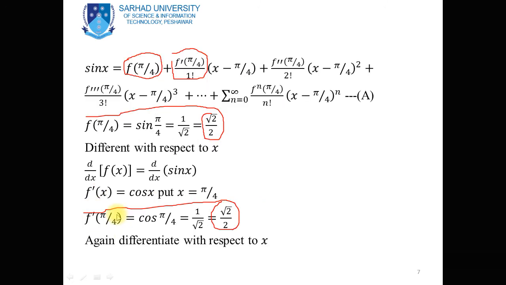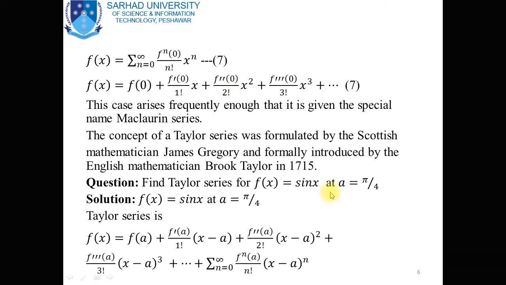So dear students, I would like to tell you again about the series. This is the Taylor series of the function. For the Taylor series, this is the first term of the series. How can we obtain the first term?